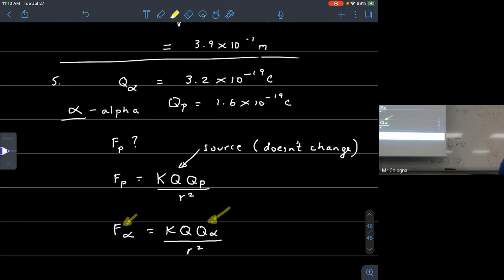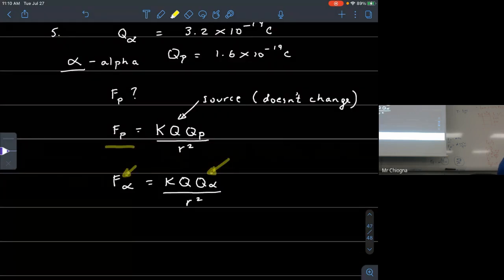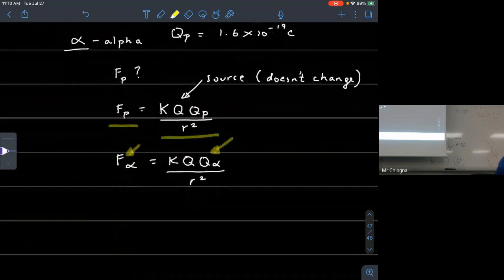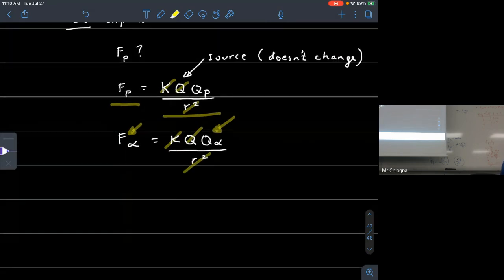Okay, what do we want? We want to divide the proton force by the alpha force. Do the same thing on the right. So what's going to cancel out? Q is common to both. K is common to both. R common to both. All of those cancel out. What are you left with?